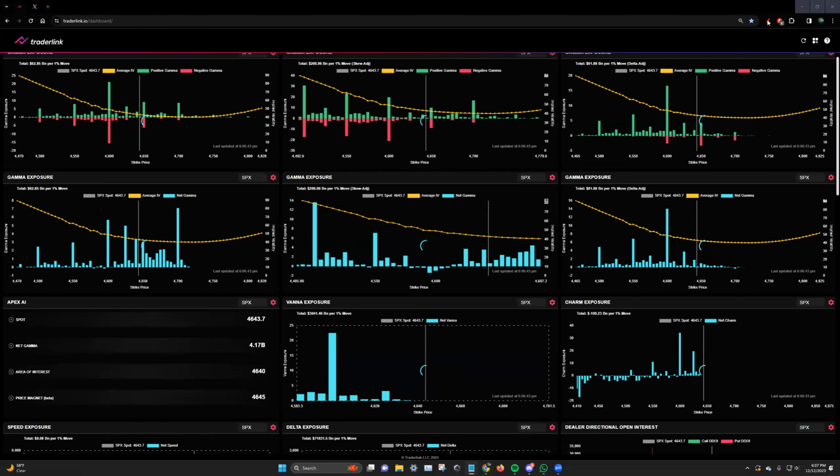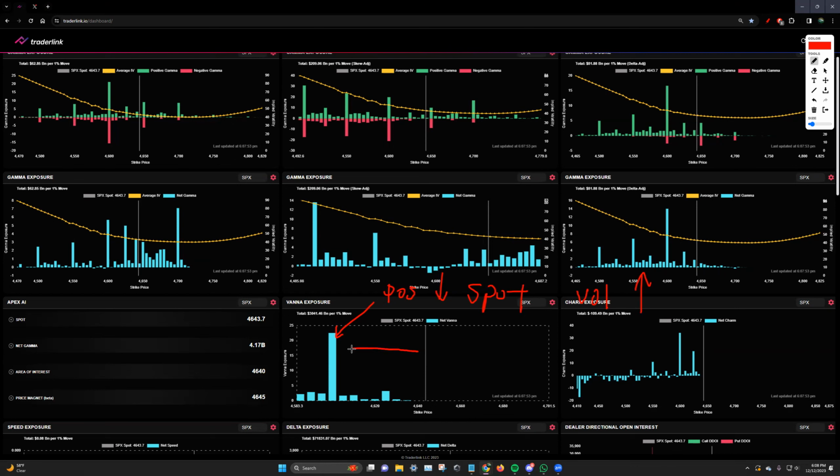Let's talk about this. So we have a positive, right? Below spot. And then we have overall volatility increasing. So when you have positive on a below spot price and IV increasing as you get closer to that, it starts to magnetize.